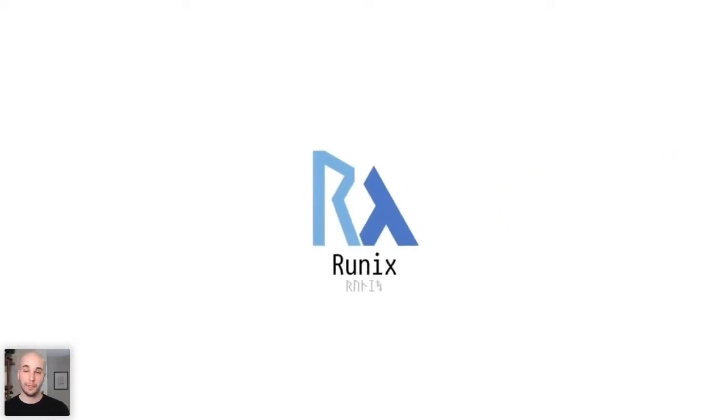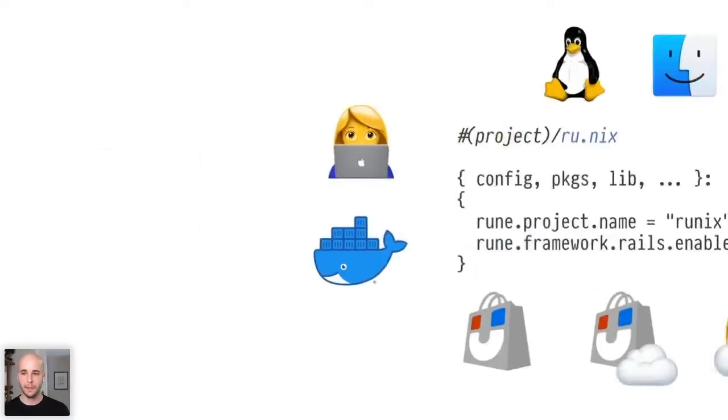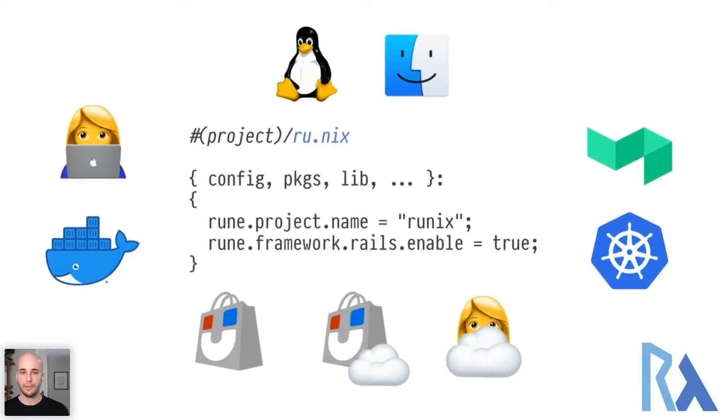So the thing that we're prototyping right now is called Runic. The basic idea of Runic is, if you're familiar with NixOS, NixOS is a Nix module system for essentially declaring how your computer is set up. Runic is a Nix module system for declaring what a project is.